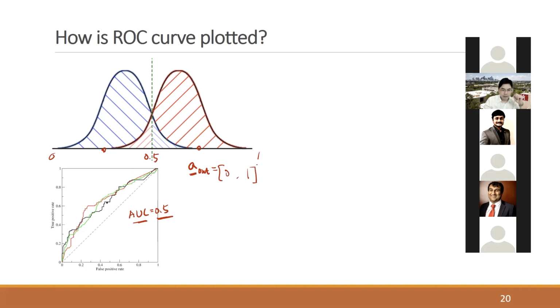In this case, the threshold of 0.5 is almost the middle point of one of these lines. Let's use the black line here. And the point here is in the middle. So it has a true positive rate of close to 0.6, and a false positive rate of close to 0.45, maybe. And what does this mean?